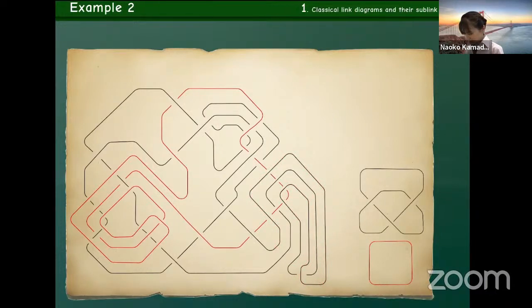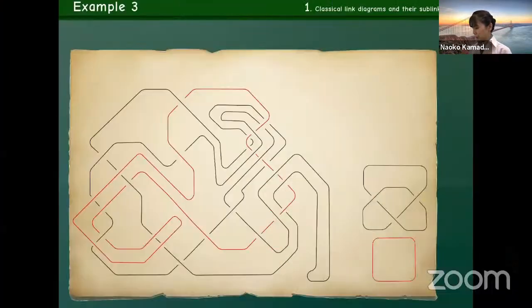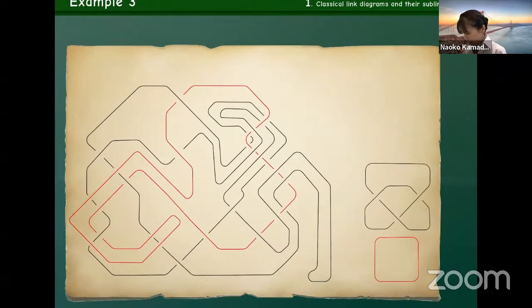Then after that, we transform this one and this one and this one. So finally, we have this diagram.